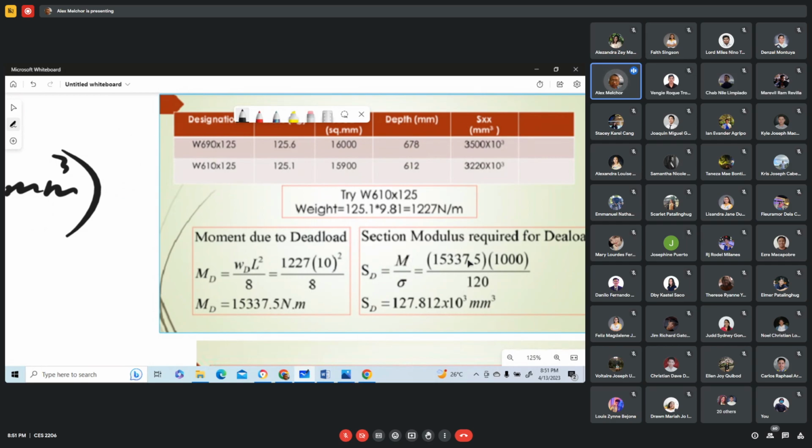And the required section modulus due to dead load is M over the allowable stress, which is 120. It gives us 127.812 times 10 cubed millimeters cubed.